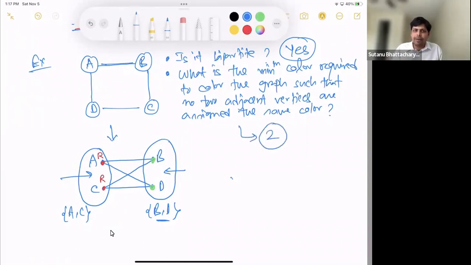And obviously, since it is a bipartite graph, the minimum number of colors that you need to assign is 2.